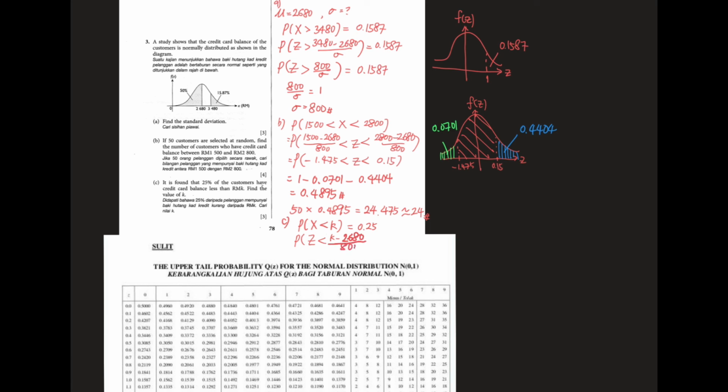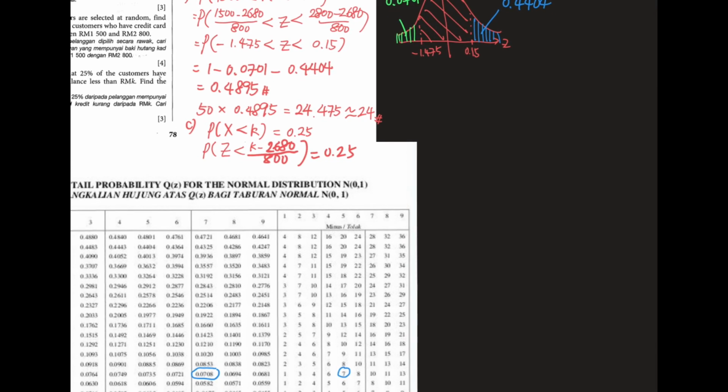K minus the mean, divided by standard deviation 800, equal to 0.25. Again, we need to know whether this fraction is positive or negative.